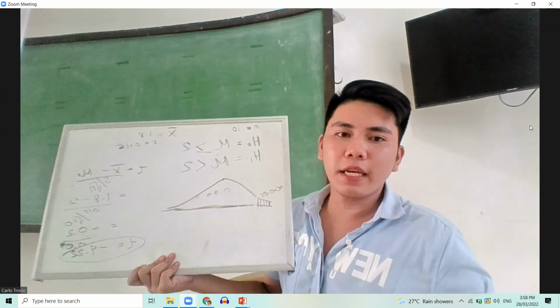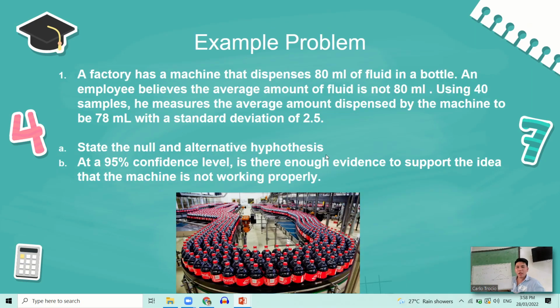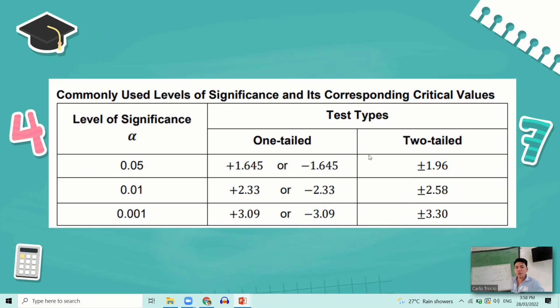We are going to find it using this table that we have, the suggested and more used one-tailed test. This is positive, this is negative, so negative 3.09. This is 0.